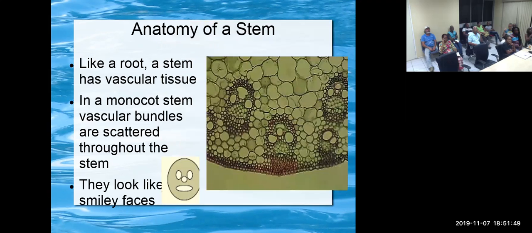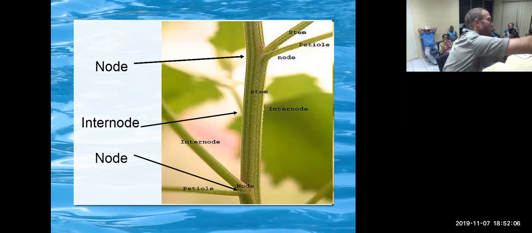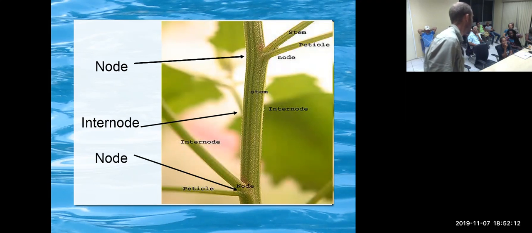Okay? Hold on, go back. I see a node. So one node is where the leaf is coming on. Here's another node. So there's multiple nodes on the stem. And in between the nodes is the internode. So why is there another node underneath also?